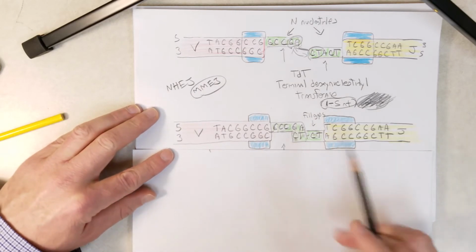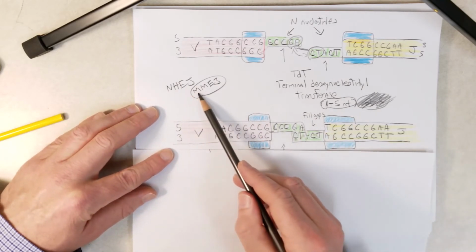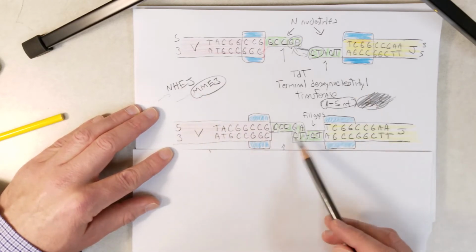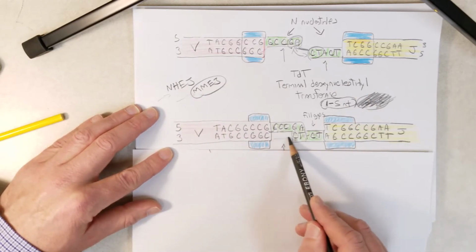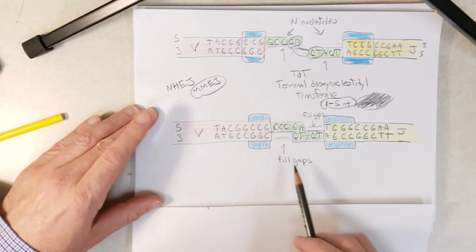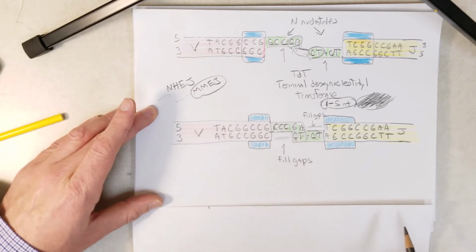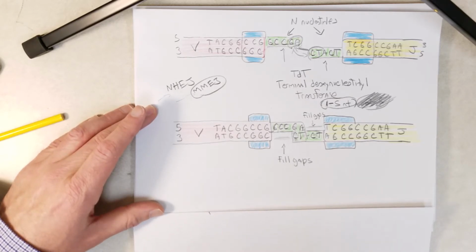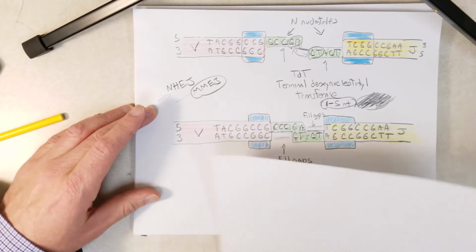Now, whichever one you want to assume is working at this process, NHEJ or MMEJ, all it needs to do now is fill in these gaps and use a ligase to seal the nicks. I have that written here: fill the gaps. Okay, so what happened after all that?